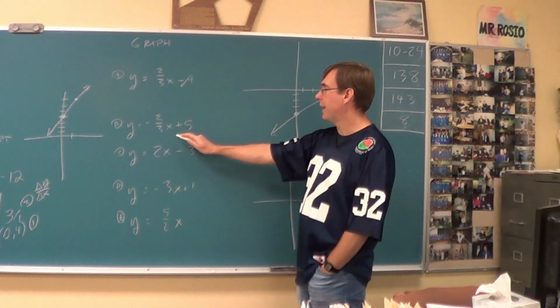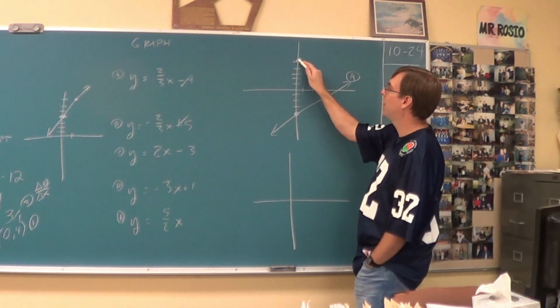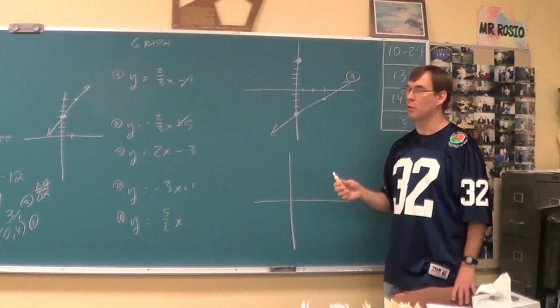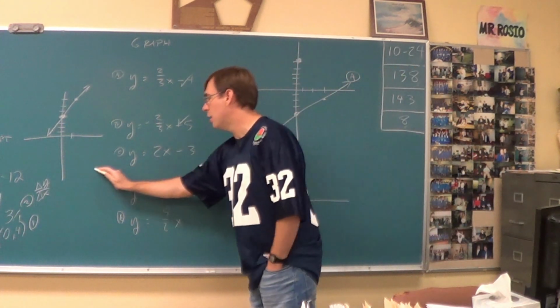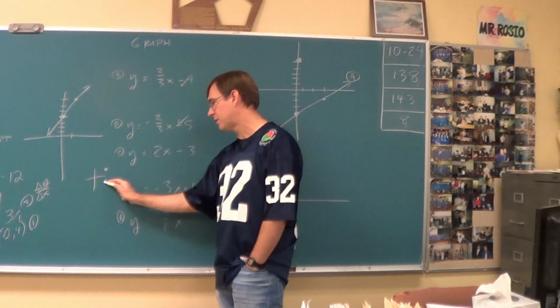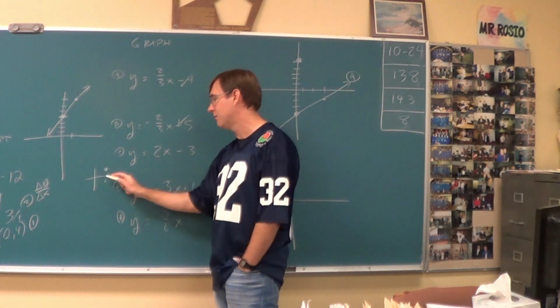So this one, where are you going to head? Up 5. So 1, 2, 3, 4, 5. Down 2 over 3. And by over, we always mean right. Because with negative slopes, sometimes people feel like they should go left and down, because negative is left, negative is down.